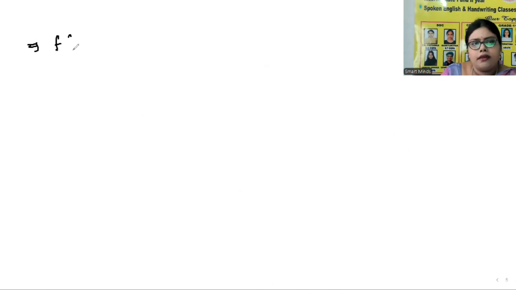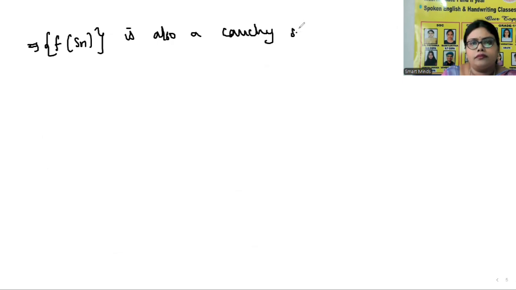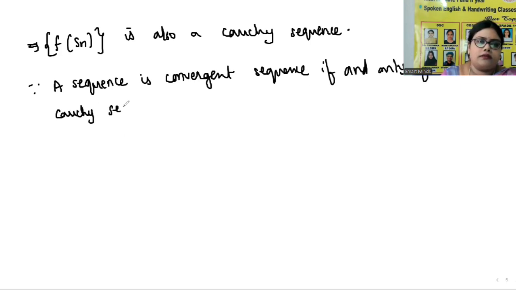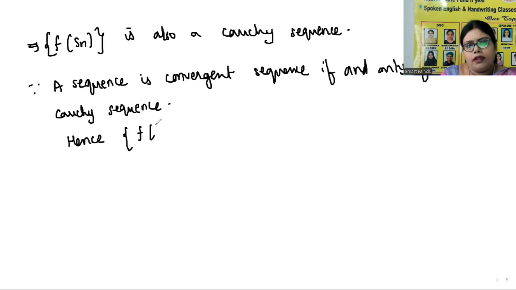That implies f of Sn is also a Cauchy sequence. Now since a sequence is convergent if and only if it is Cauchy sequence, hence f of Sn converges.